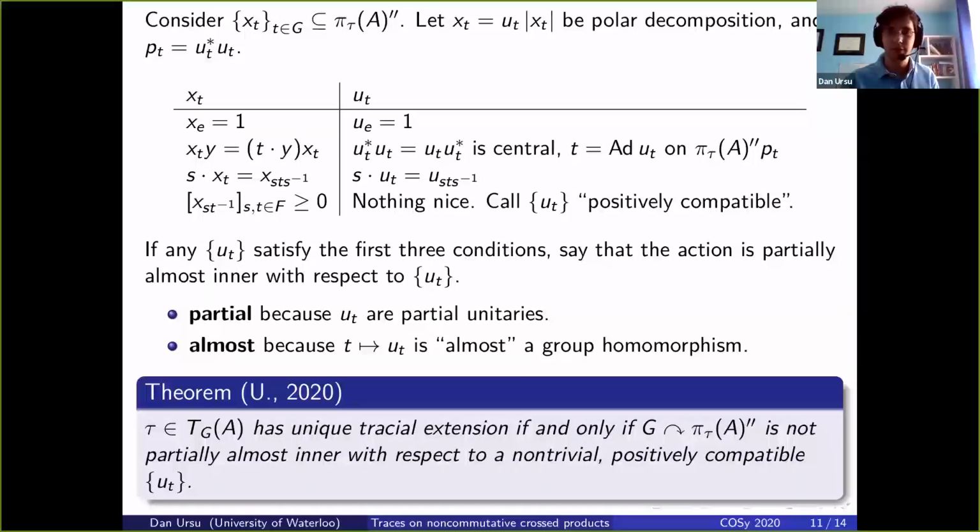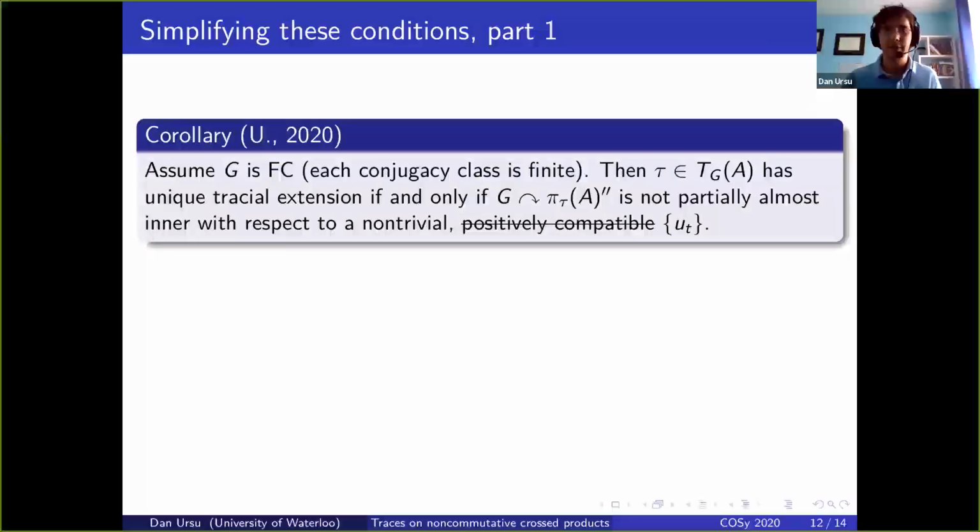So the first case, which I'll briefly mention, is if G is FC, so every conjugacy class of G is finite, then you can just completely erase the words positively compatible, which are the most annoying to work with, and the if and only if still goes through, no problem.